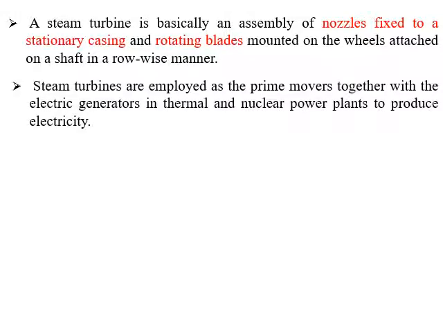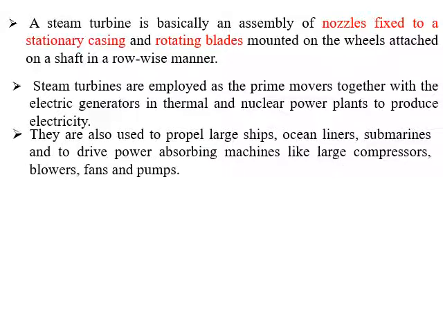Steam turbines are employed as the prime movers together with the electric generators in thermal and nuclear power plants to produce electricity. They are also used to propel large ships, ocean liners, submarines, and to drive power absorbing machines like large compressors, blowers, fans, and pumps.